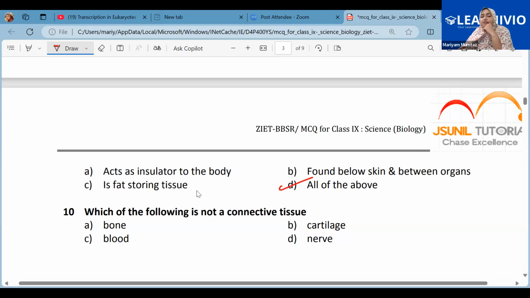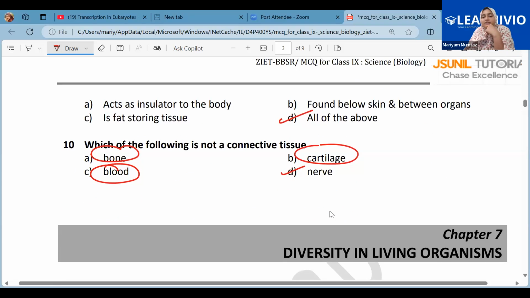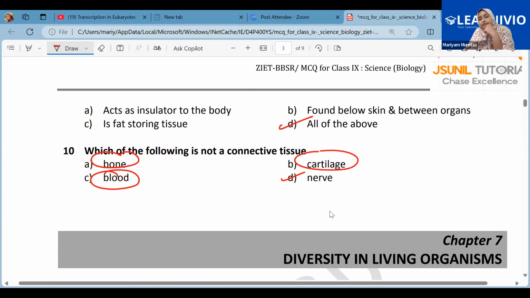Which one of the following is not a connective tissue? Correct. Okay, apart from bone, blood, cartilage, what other connective tissues have you people studied? Tendons. Ligaments. What else?